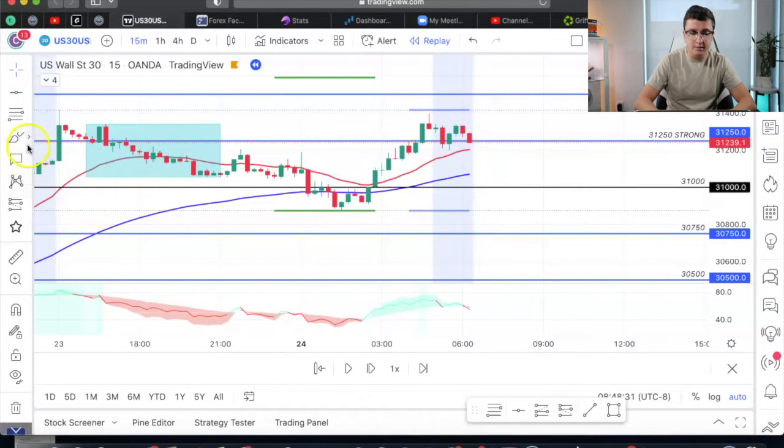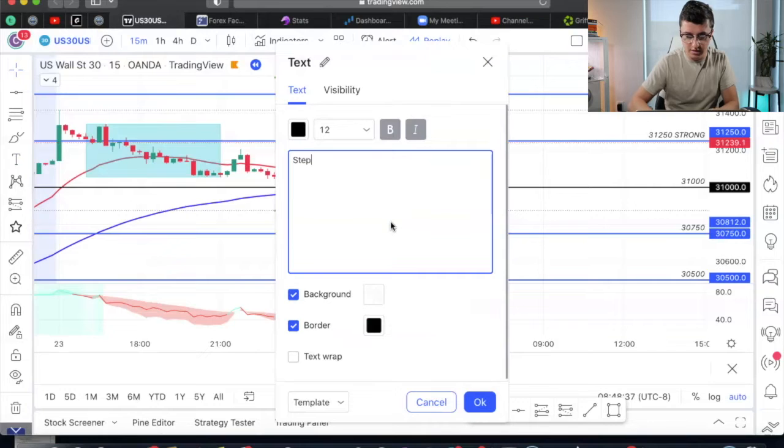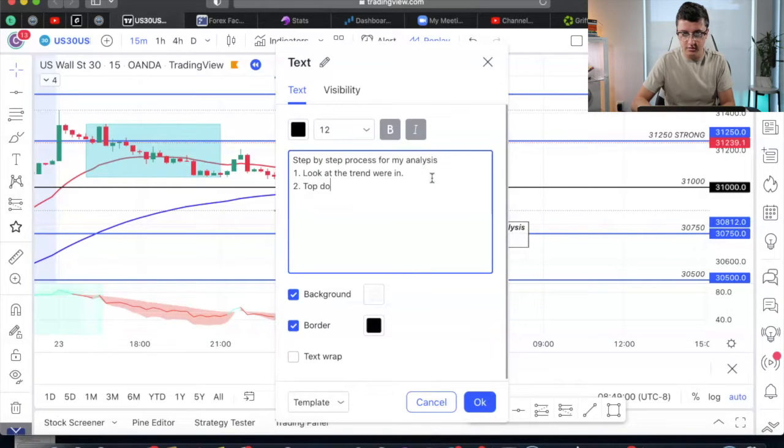I have a simple step-by-step process that I'm going to write out for you guys. So step-by-step process for my analysis. First step is I like to look at the trend we are in. 2, top-down analysis. 3, I like to look at what current candle we are having at the market open.